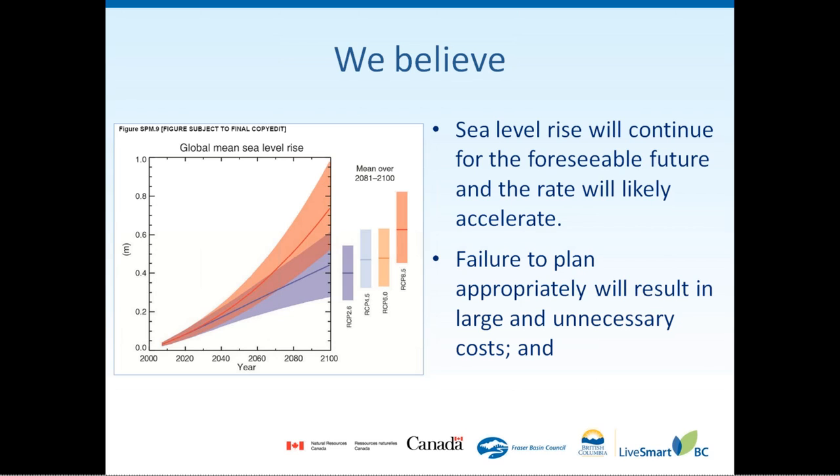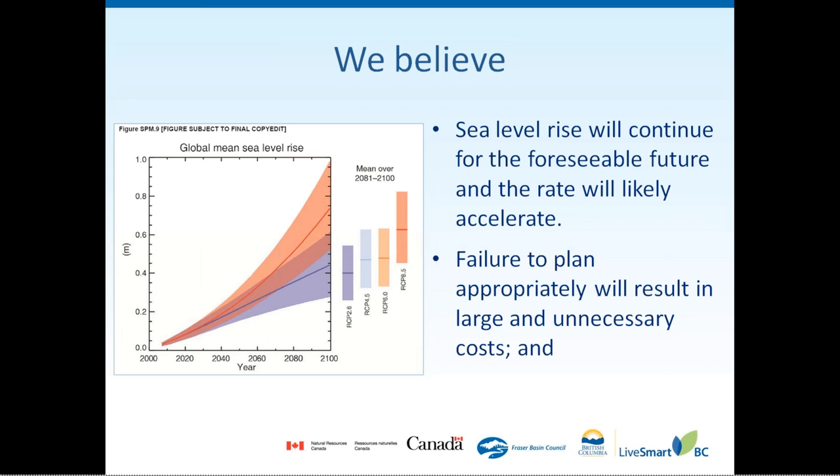So very briefly here, the blue scenario is a very aggressive green growth scenario where not only does the global economy wean itself off of fossil fuels, but we're actually successful at inventing a technology that removes CO2 from the atmosphere. Even in that scenario, we can expect, according to the IPCC, about a 40-centimeter rise in sea levels by the end of the century.